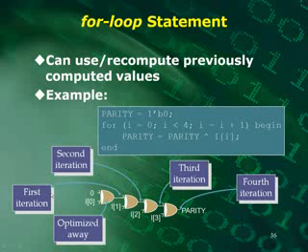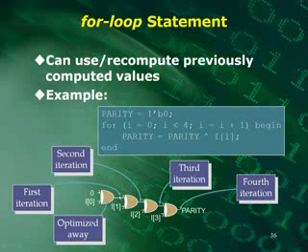So here's what happens. On the first iteration, we would get parity equals parity, which is 0, exclusive ORed with i of 0. This of course will get optimized because anything exclusive ORed with 0 becomes that value.